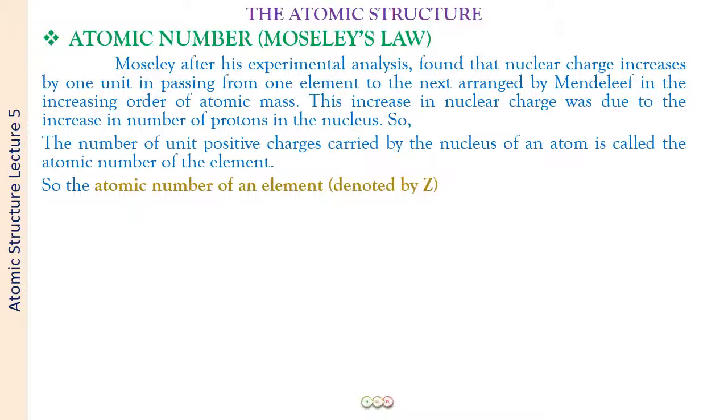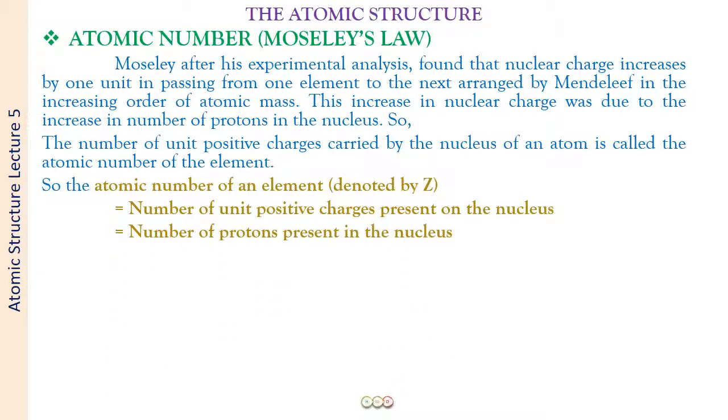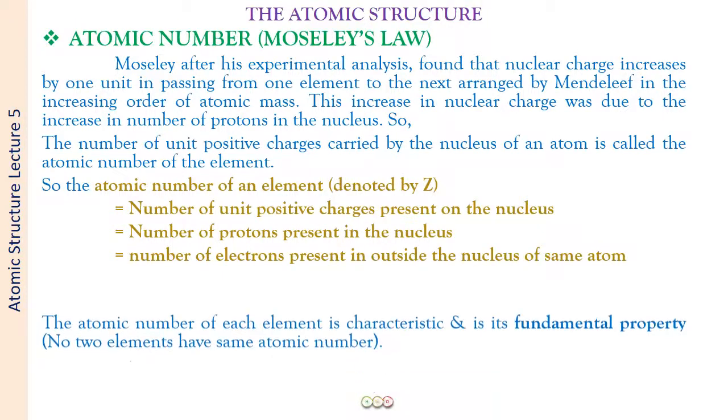It is denoted by the symbol Z, and it is the number of unit positive charges present on the nucleus. Or you can say that the atomic number is the number of protons present in the nucleus. It is even equal to the number of electrons present outside the nucleus of the same atom.